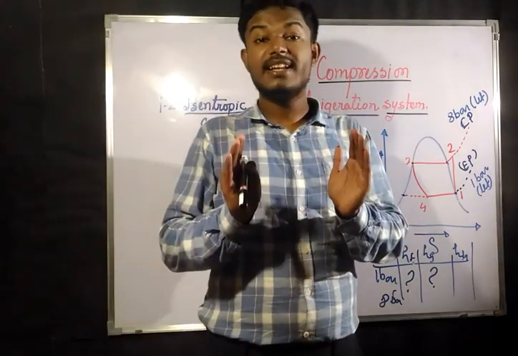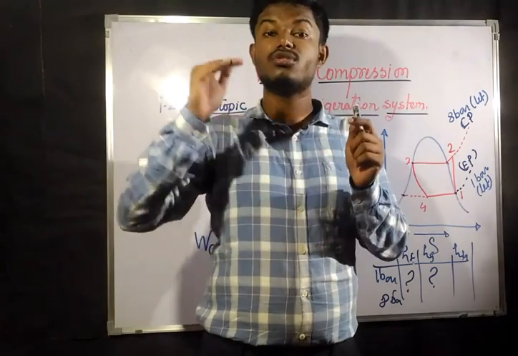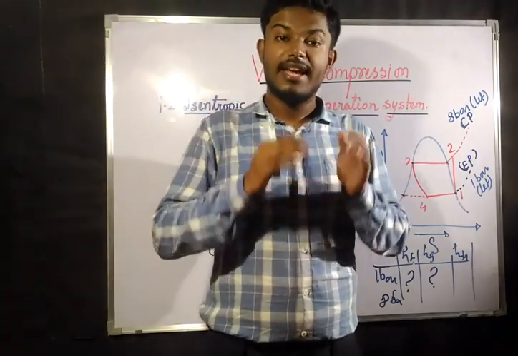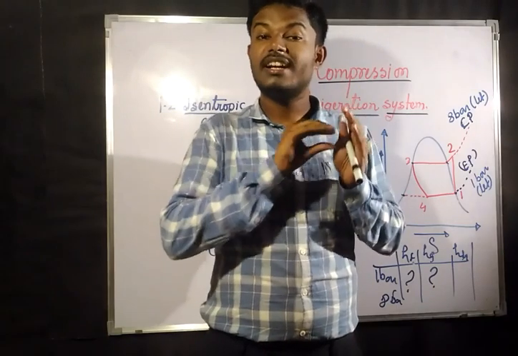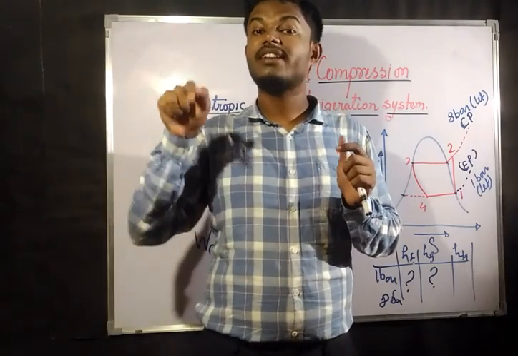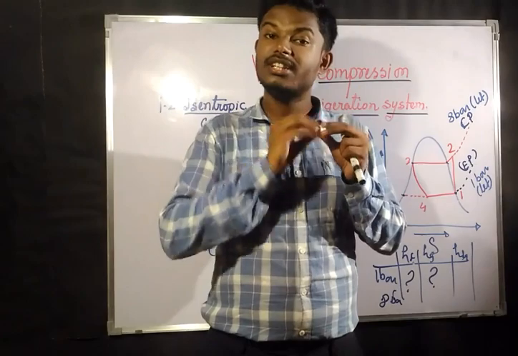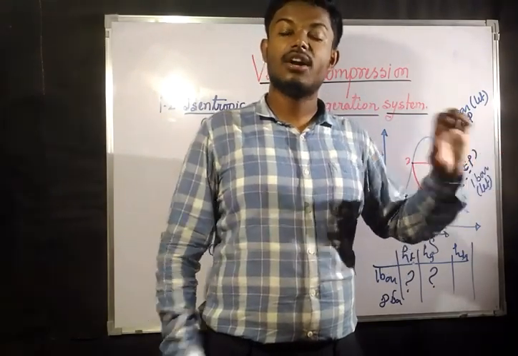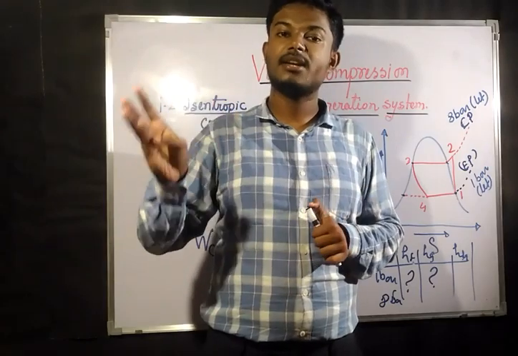Using that relation, S1 equals S2, we find the other properties. Using the dryness fraction formula, we find the dryness fraction, and after that we find the other property values like enthalpy and internal energy.